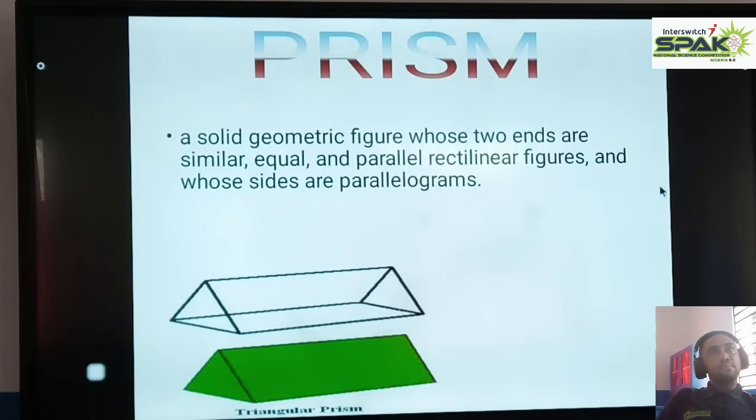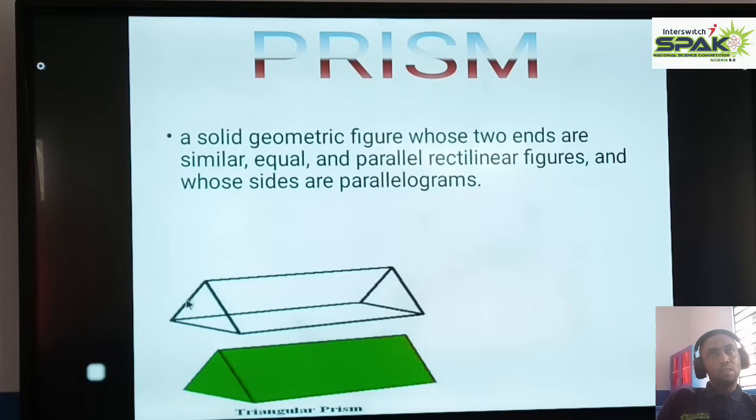We now go to the prism. A solid geometric figure whose two ends are similar, equal, and parallel rectilinear figures, and whose sides are parallelograms, is called a prism. You can see the figure below. This is a triangular prism.